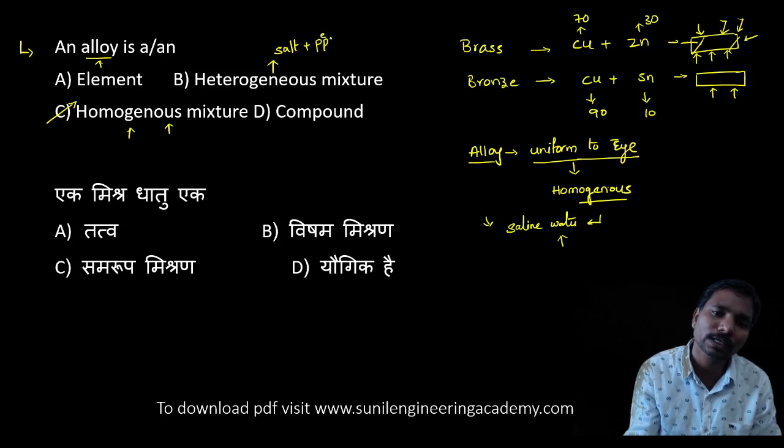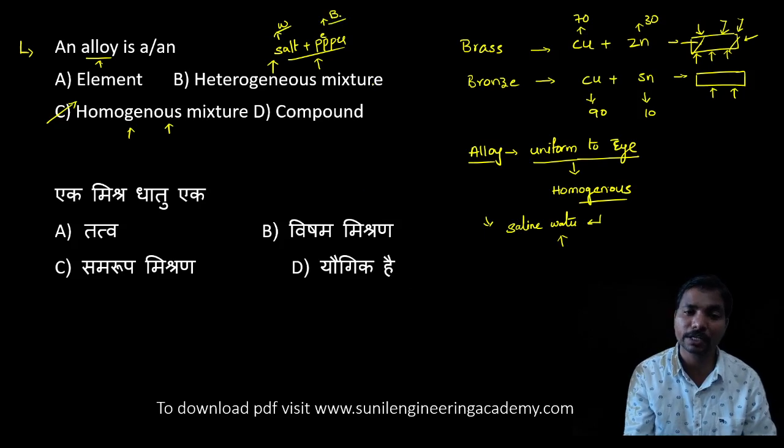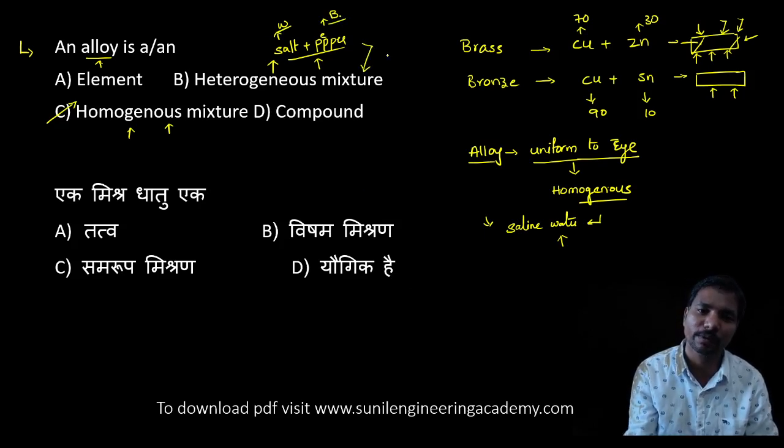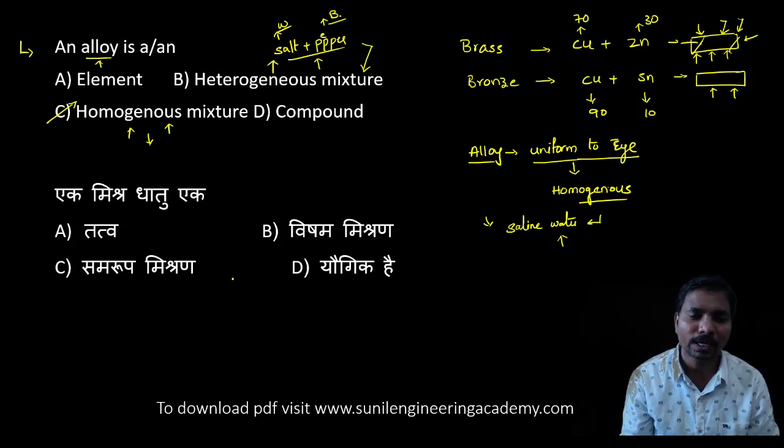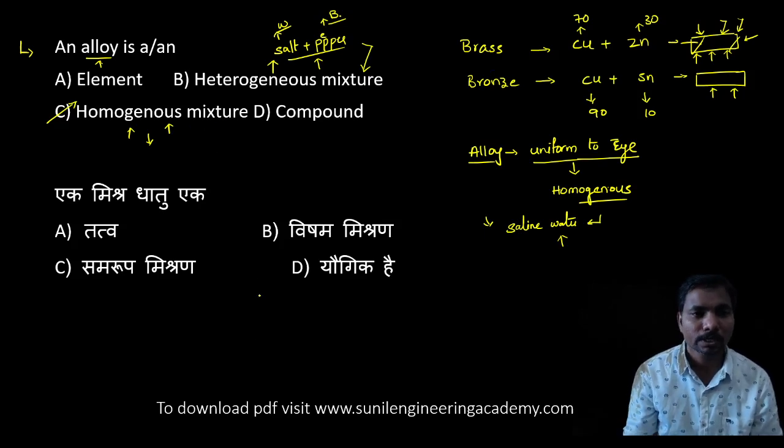If you mix salt and pepper, you can easily identify by watching: white color belongs to salt, black color belongs to pepper. If you can differentiate by watching, those are heterogeneous. If you cannot differentiate the elements mixed in the mixture, those are homogeneous. An alloy we cannot identify, so it is a homogeneous mixture.